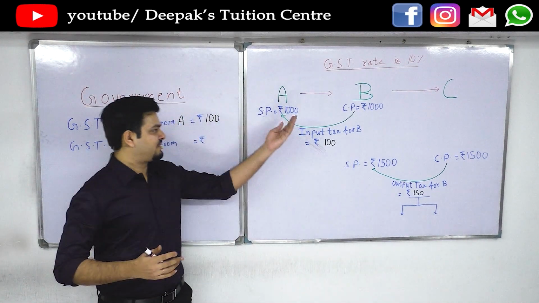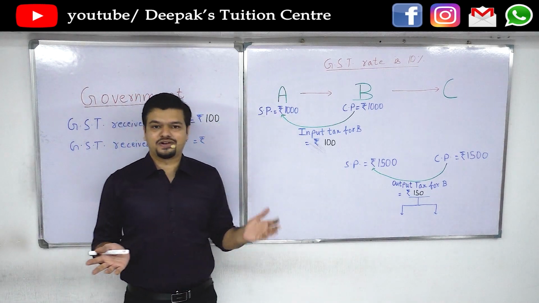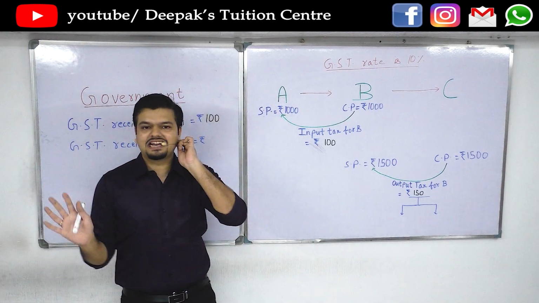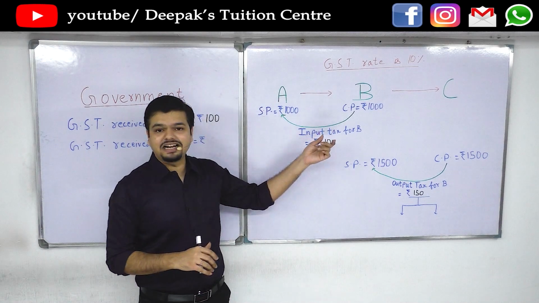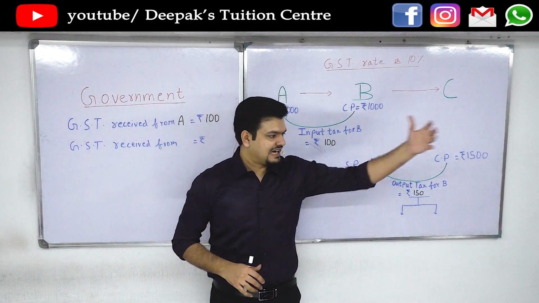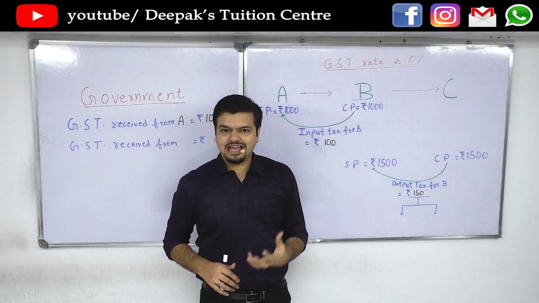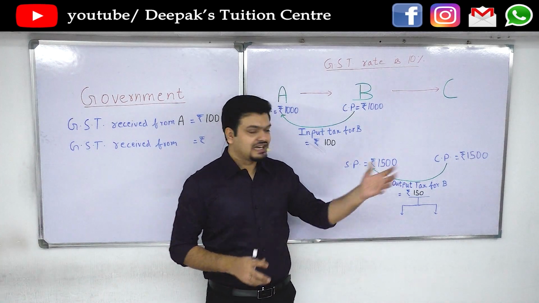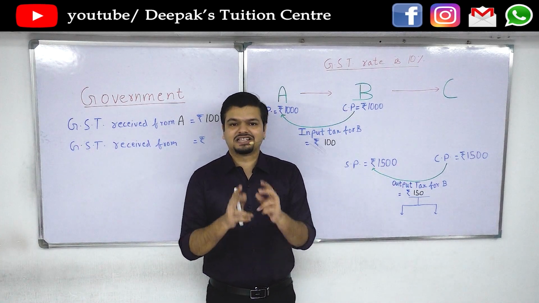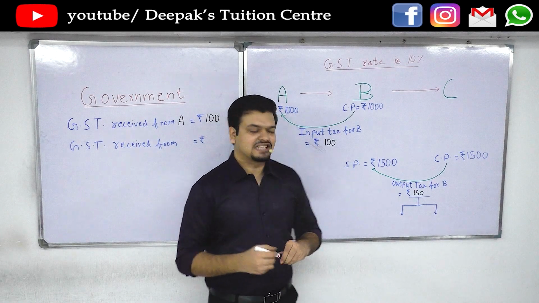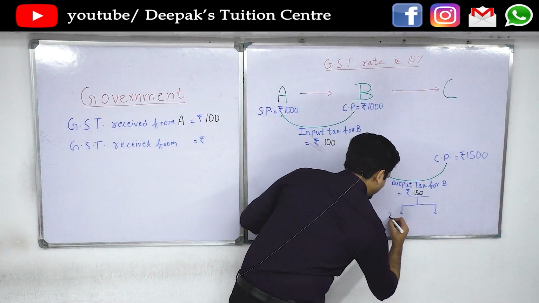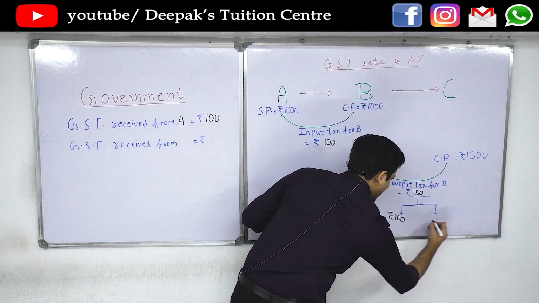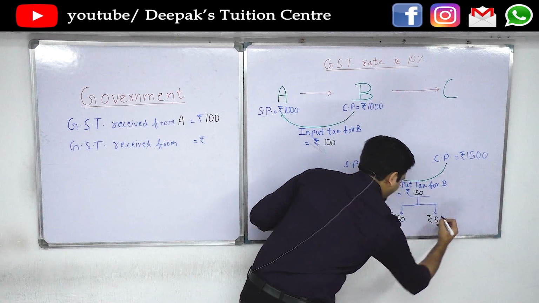But since there is no information given about A, we will have to assume that A did not pay any input tax. But B did. Since B collected 150 rupees from C, he divided this 150 rupees into two parts: one part is rupees 100 and the other part is rupees 50.